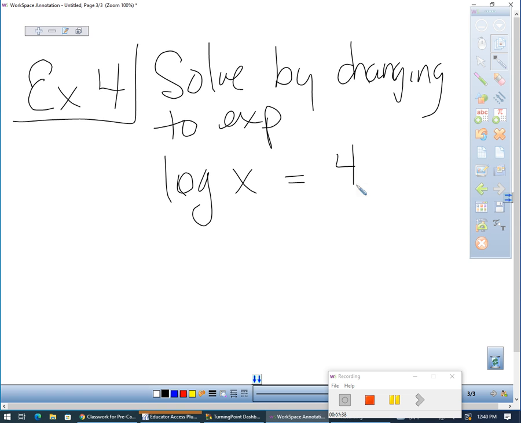In order to figure out what x is, we have to change this into exponential. Got to get rid of the log and change it. So right now, again, when there's no base written there, what is it? So we're going to have our base of 10 raised to our exponent of 4 equals x. So 10 to the 4th power. 10,000, right? Equals x. A 1 and 4 zeros. I agree.